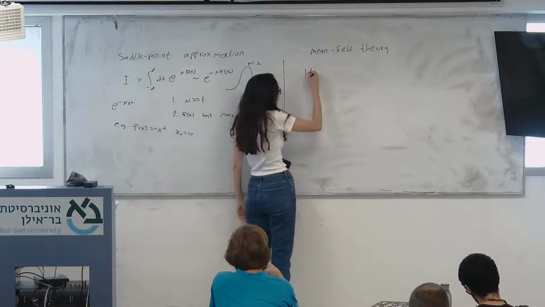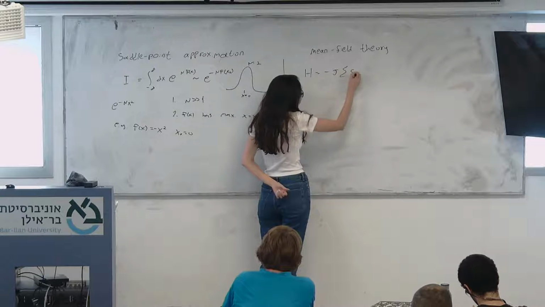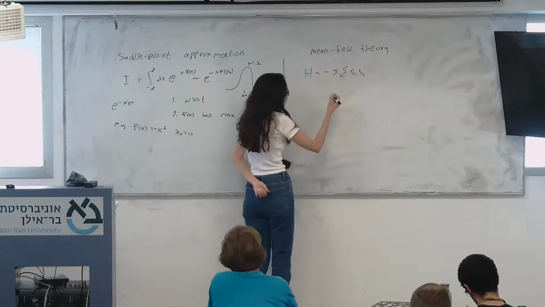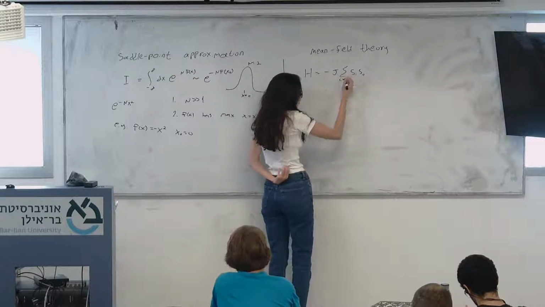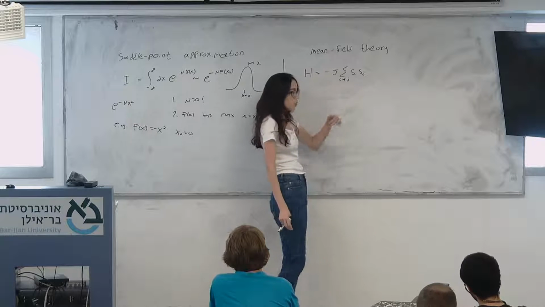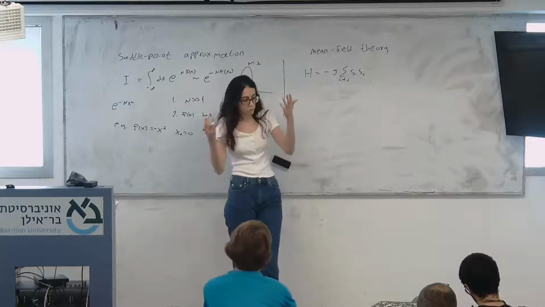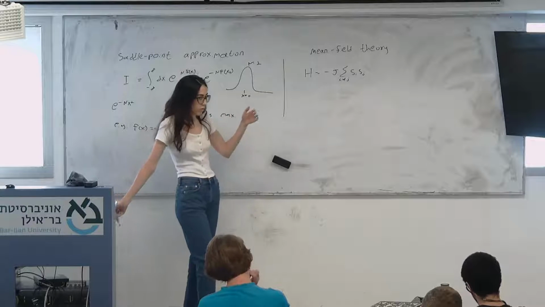So the Hamiltonian is going to look like a sum of Si and Sj, where i different than j, can have interaction of a particle with itself, while i and j both go from 1 to n. So we have interaction with everyone.